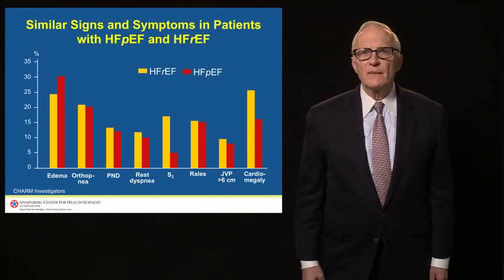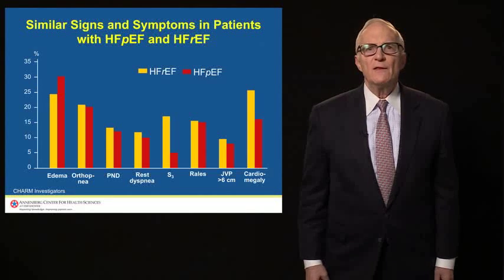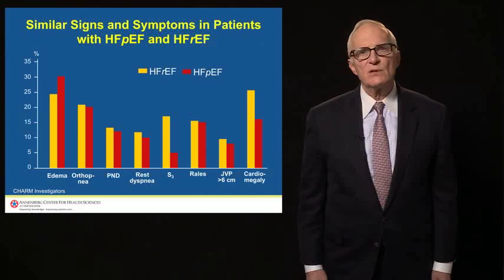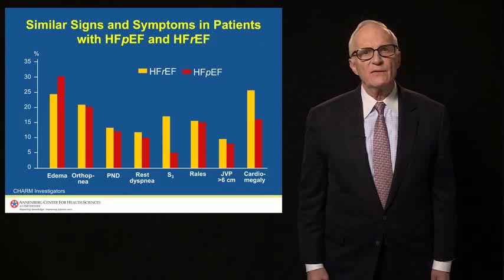HFrEF accounts for up to half of the patients with heart failure. This has been shown in registries like the OPTIMIZE-HF registry and the Medicare registry. However, it's important to remember that signs and symptoms of heart failure are very similar in patients with HFpEF and with HFrEF.